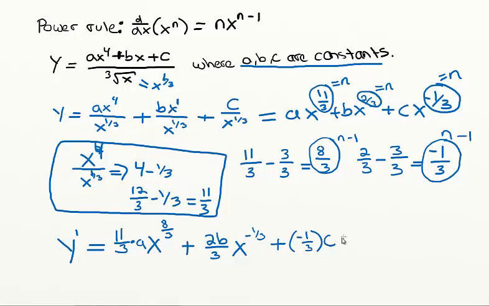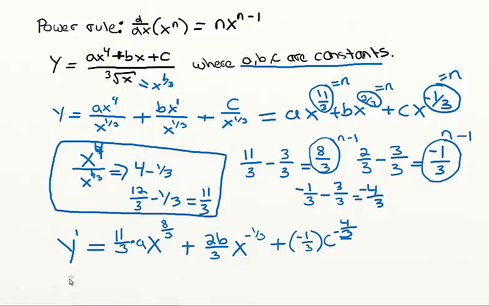Alright, and then in the exponent up there, we're going to want to do first our negative 1 over 3 minus 1, which is 3 over 3, so that's going to be negative 4 over 3. So we put negative 4 over 3 up there.